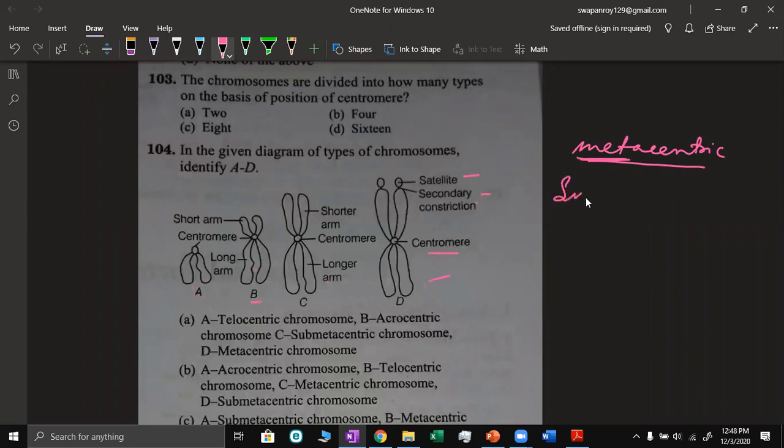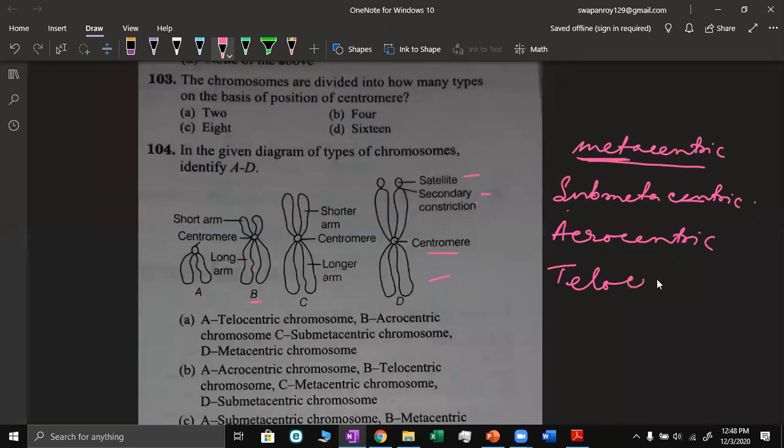Then submetacentric, which is not exactly metacentric, and then acrocentric, and telocentric. See this one, the centromere is at one end of the chromosome. So this one, A, is a telocentric chromosome.